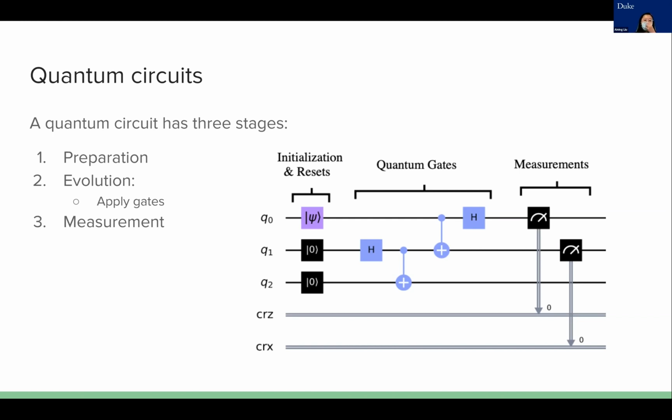Then we can apply a series of quantum gates to evolve these states. And in the end, we will measure the qubits because what we get in the end are classical results. We want to use quantum algorithms to solve classical problems, and the classical problems will be in just numbers, not quantum states.